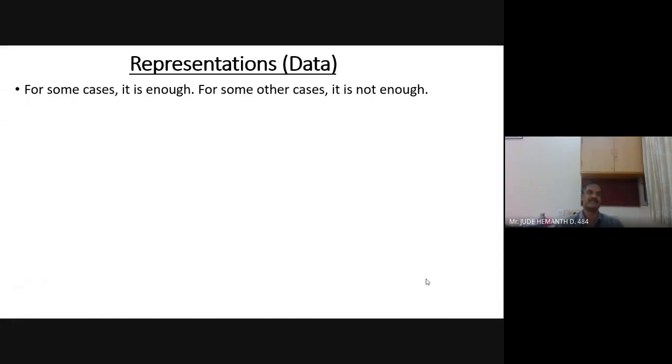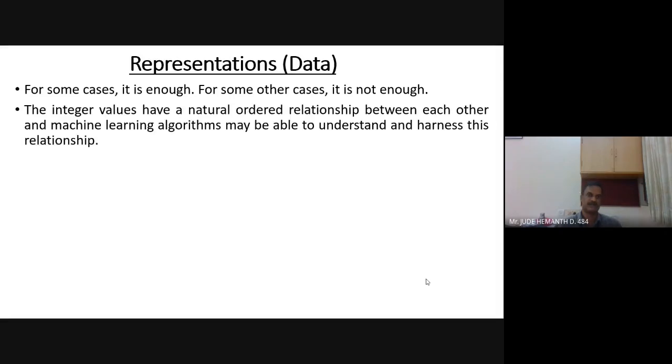For some cases, it is enough. For some other cases, it's not enough, or it will not give you correct answers. Why? Actually, when you give this number, this is the important point which you need to understand. When you give a number, 1 and 2, your machine is going to find some relationship between these numbers.